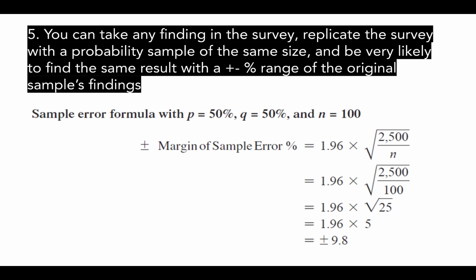Okay, so we do a study and we find 50% of people is in favor of legalizing marijuana, then we automatically know that Q is also 50, because 100 minus P is Q. So Q is the leftover. Q is 100 minus P.